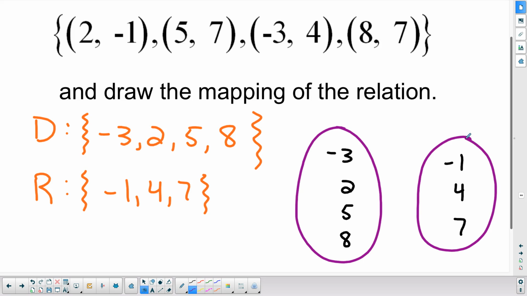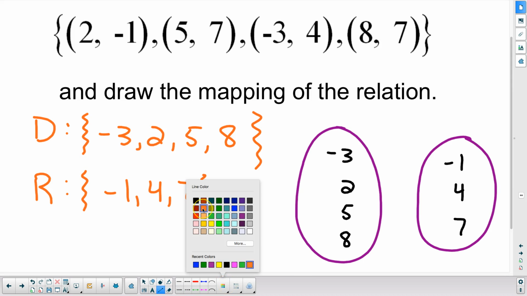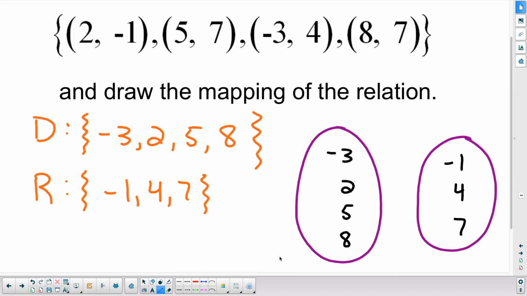And then I draw myself some arrows. So 2 goes to -1. Shabam. There's 1. 5 goes to 7. Shabam. There's another one. -3 goes to 4. Shabam. There's 1. 8 goes to 7. Shabam. There's the other one. And that, ladies and gentlemen, is my map.